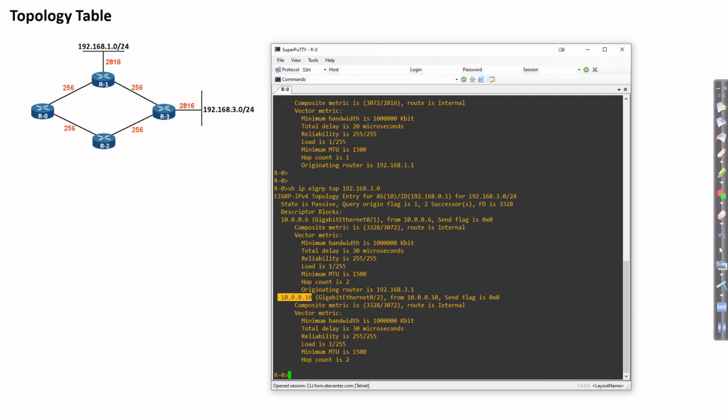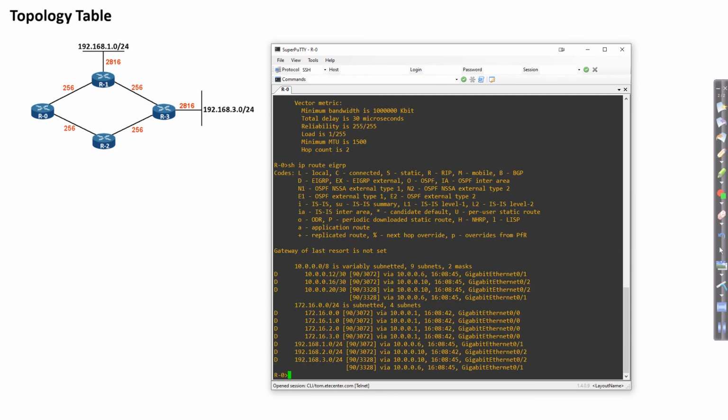And finally, let's take a look at the routing table. For the 1.0, only one path with a cost of 3072. And for 192.168.3.0, I am load balancing across since they both have the same feasible distance. And that is how EIGRP builds its routing table.